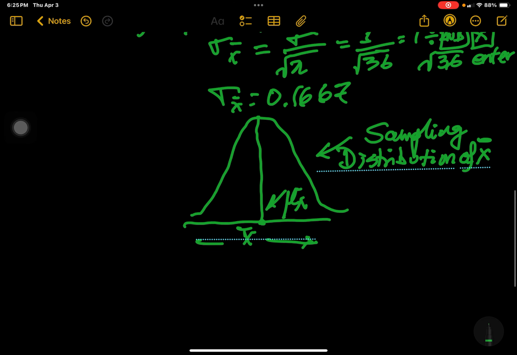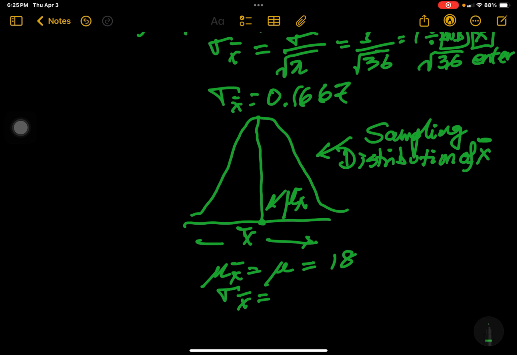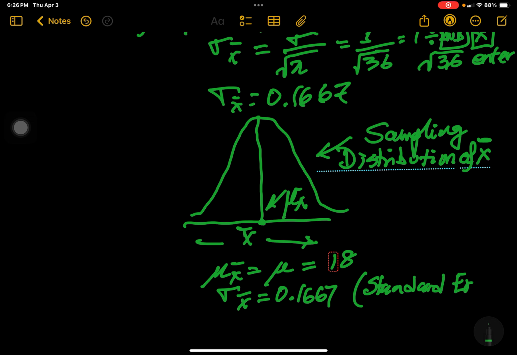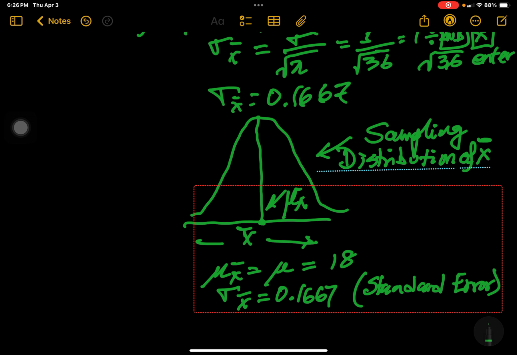So as we just discussed, mu X bar is equal to mu equal to 18 and sigma X bar equal to 0.1667, which we calculated. This is sometimes called the standard error. Actually, it is the standard deviation of the sampling distribution of X bar.